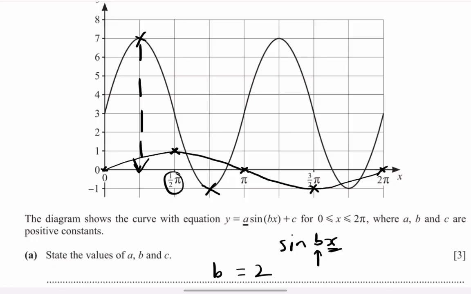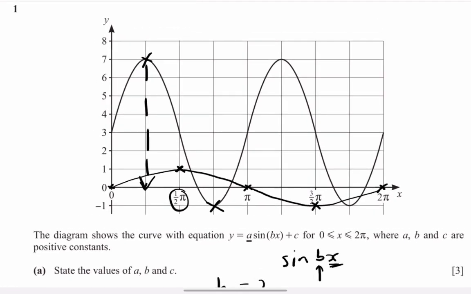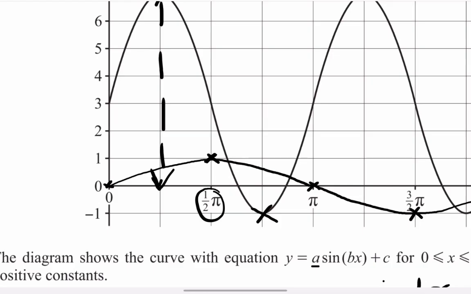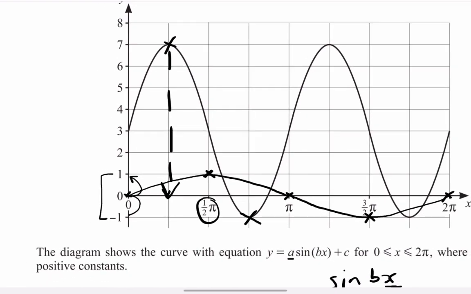And for a, we're just going to consider the y-axis. Looking at our original graph, it was going from -1 to 1, so this was 2 units, like that.